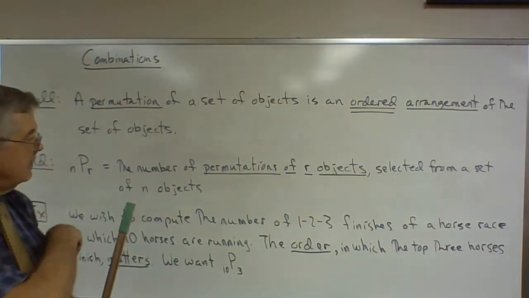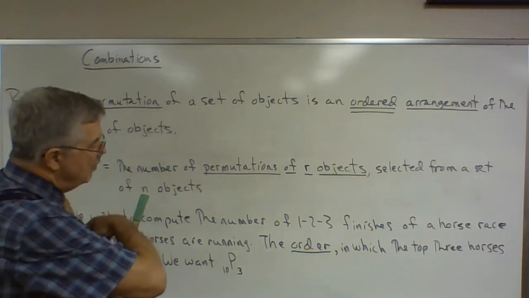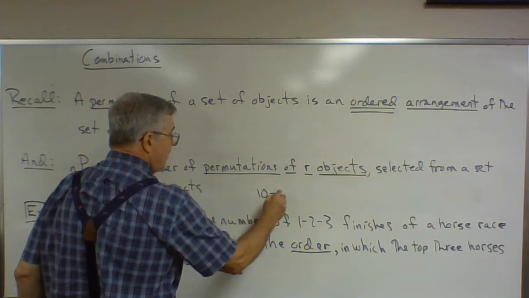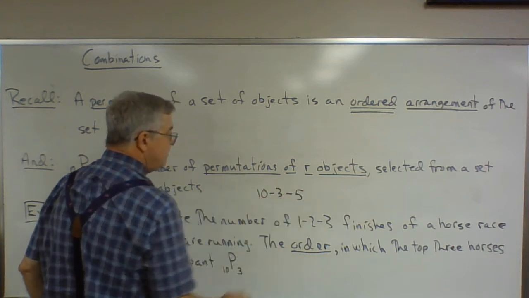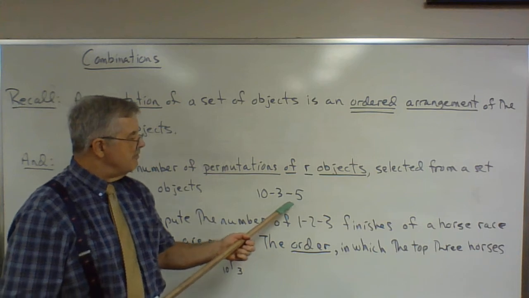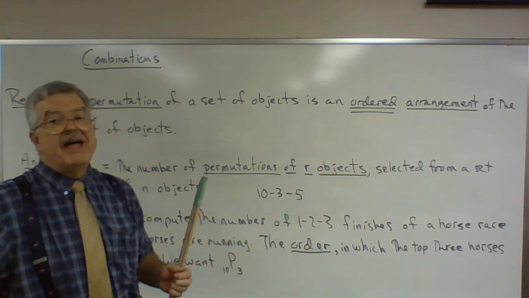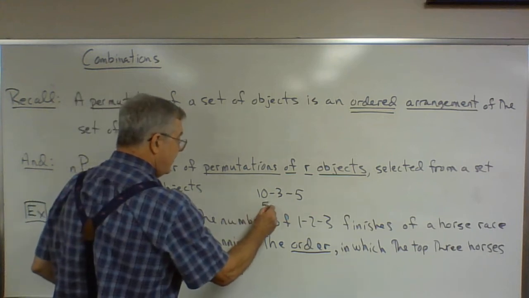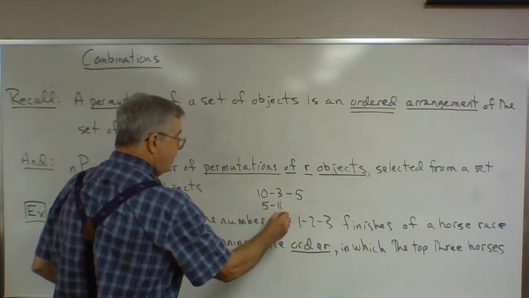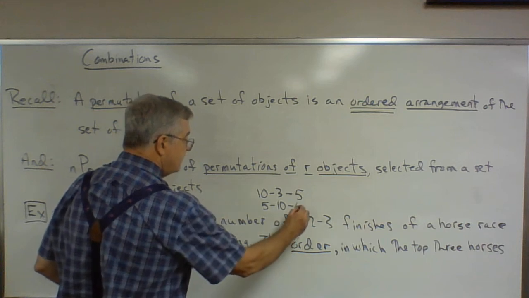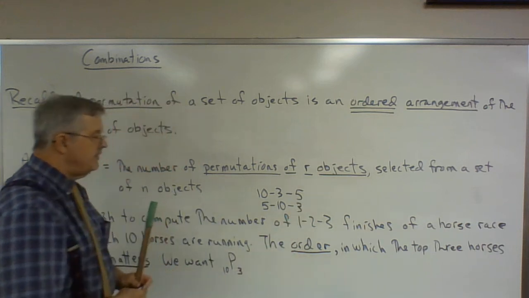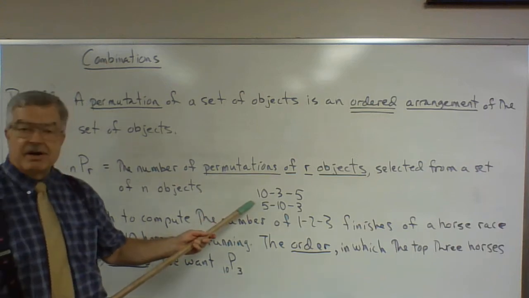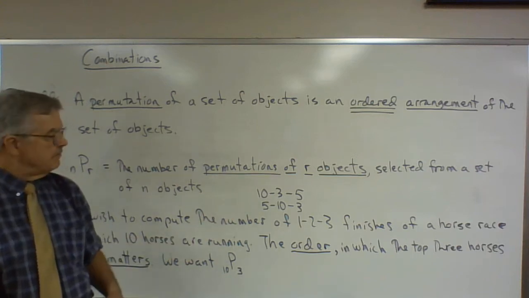For example, if horse number 10 finishes first, and horse number 3 finishes second, and horse number 5 finishes third, that's a completely different outcome than if horse number 5 finishes first, and horse number 10 finishes second, and horse number 3 finishes third. These are completely different outcomes because order matters.